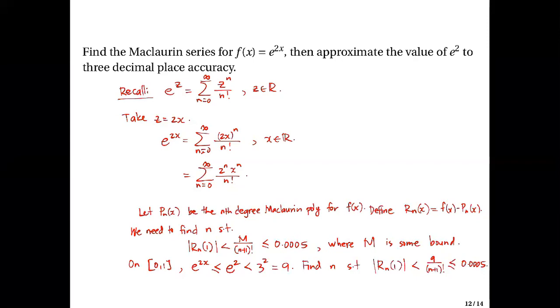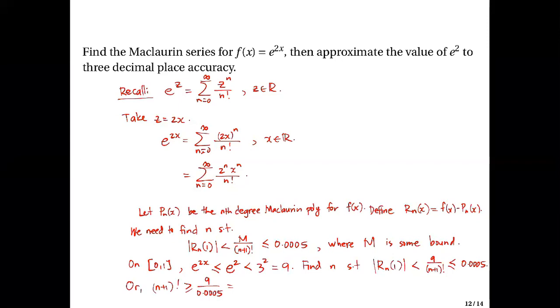But this means our n plus 1 factorial would be greater than or equal to 9 over 0.0005.